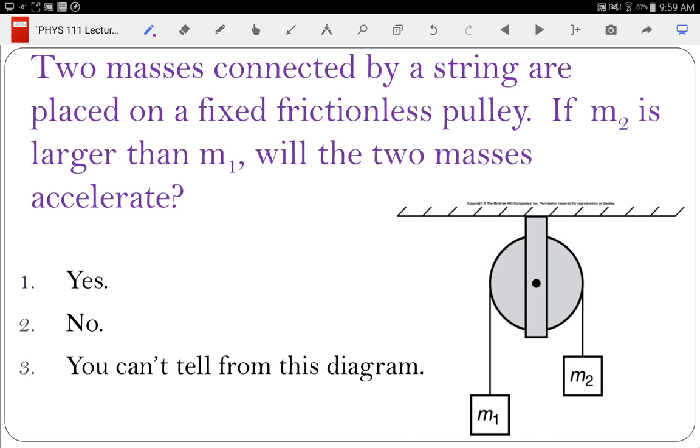Two masses connected by string are placed on a fixed frictionless pulley. It's an ideal pulley. If M2 is larger than M1, will the two masses accelerate?